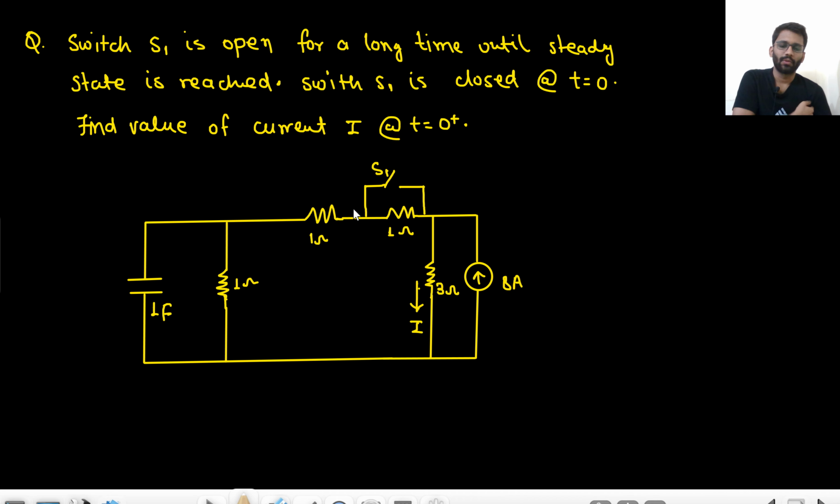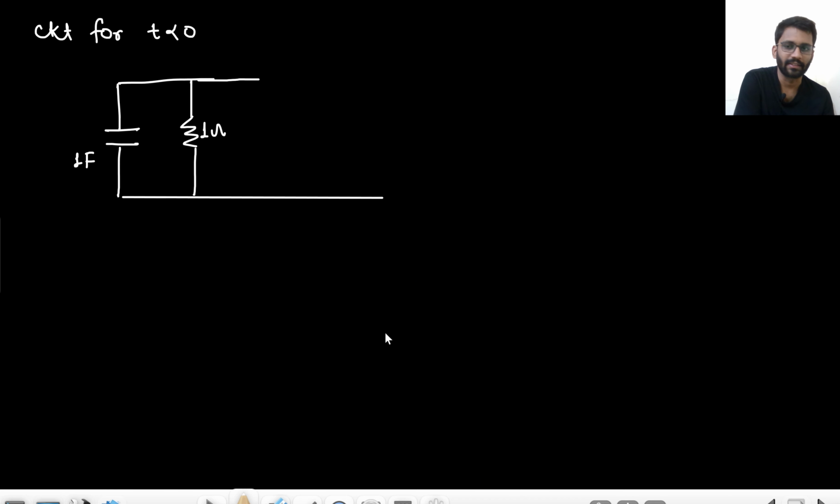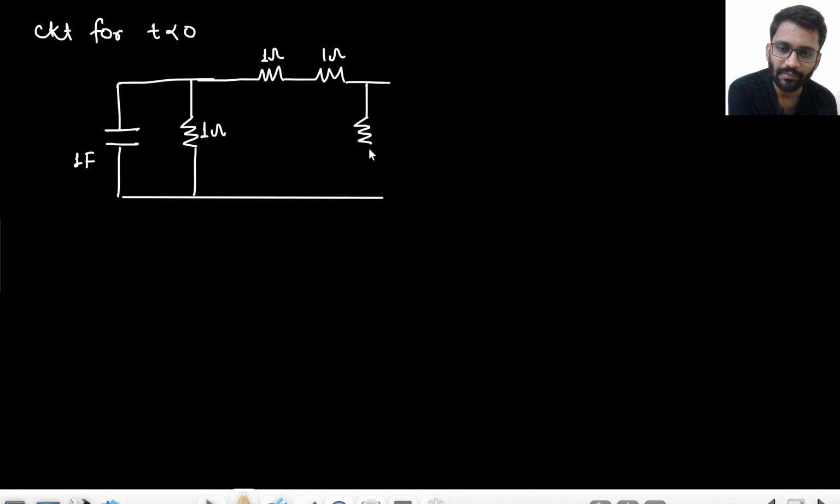Since this is open circuited, this 1 ohm and 1 ohm will both be in action. So basically this is 1 ohm, this is 1 ohm, and here we have 3 ohm, and then we have a current source of 8 ampere.